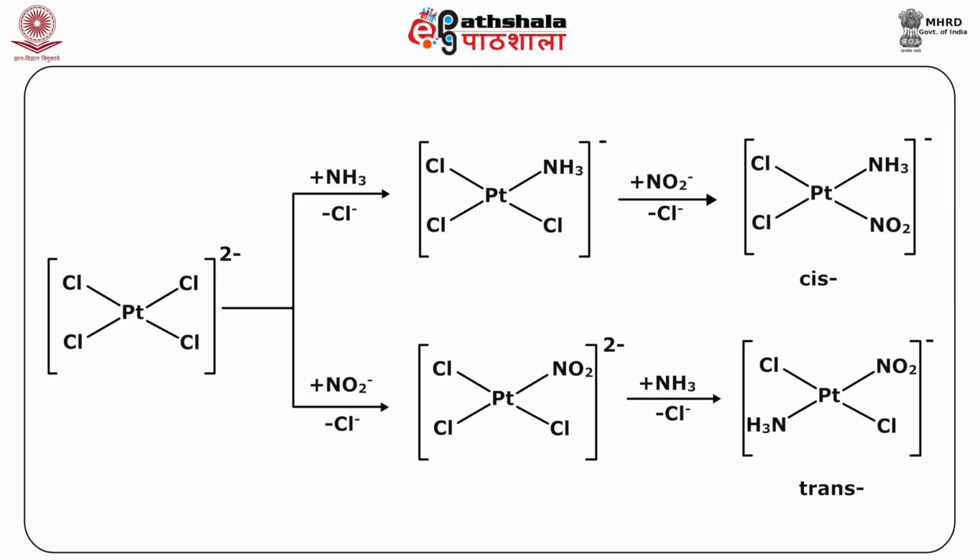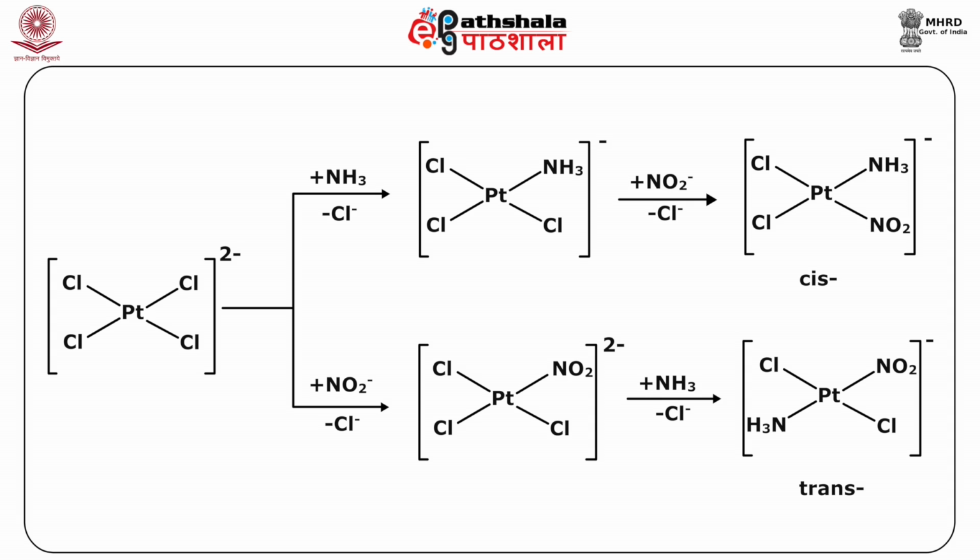On the other hand, if we treat tetrachloroplatinum complex with NO2 negative in the first step. In the previous case, we treated this tetrachloroplatinate with ammonia first, followed by NO2 negative.